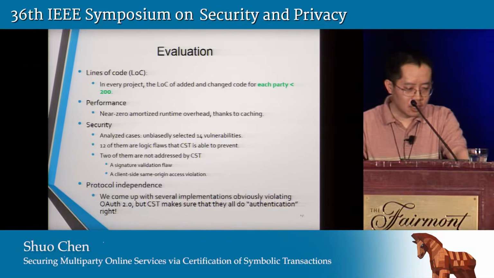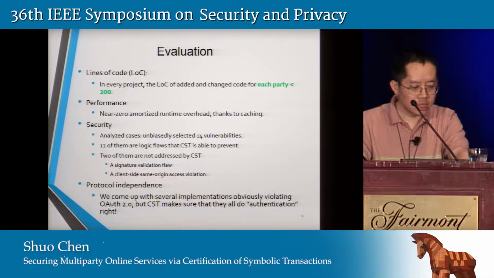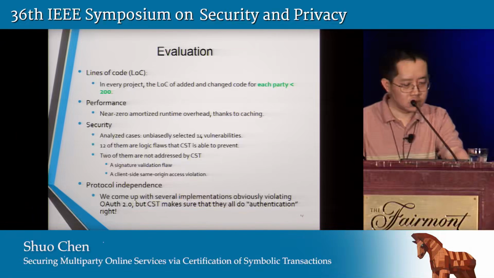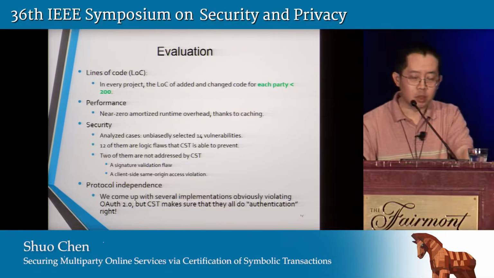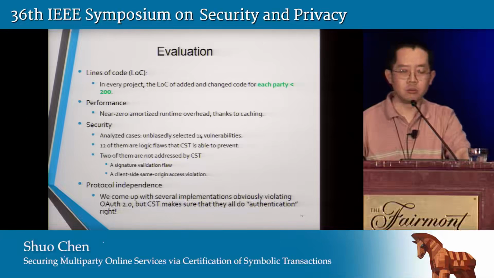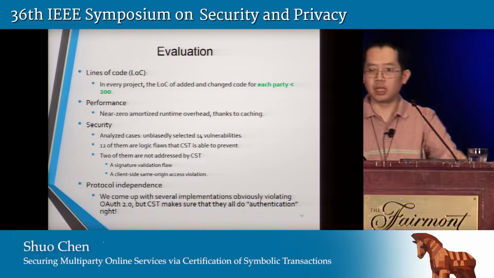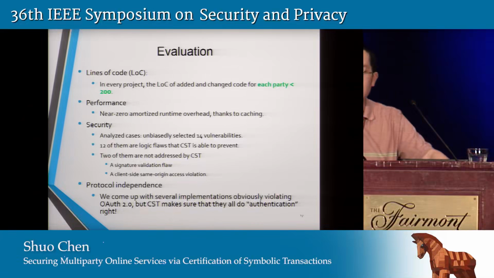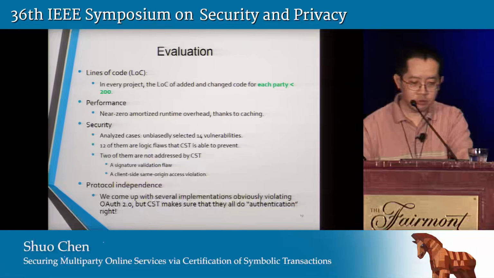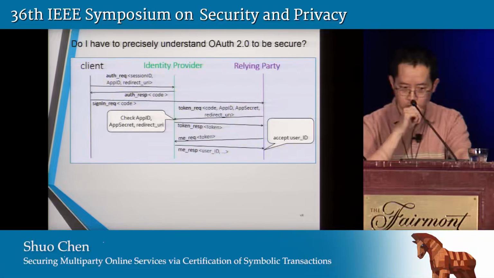Now, I want to say that a very big advantage of CST is protocol independence. To show this, we came up with several implementations obviously violating OAuth 2.0, but CST is able to make sure that they are all doing authentication correctly, although they violated the protocol. Let me briefly talk about what we did.